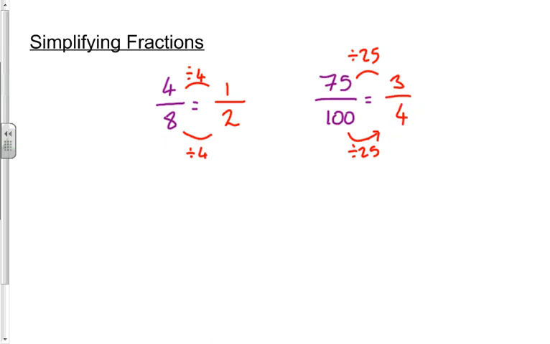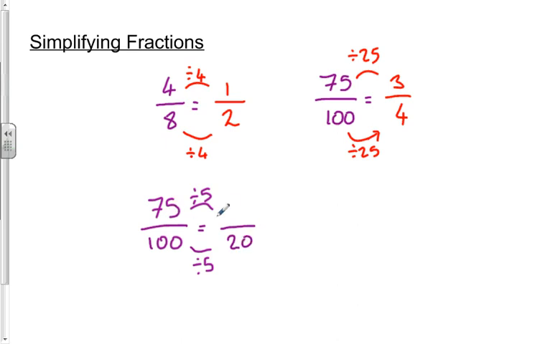Now you don't always have to work in one single step. Let's take our 75/100ths for an example. If I didn't immediately spot my common factor of 25, I do know that both of those are in the 5 times table. They both end in either 5 or 0. So I can divide by 5. Now 100 divided by 5 is 20.